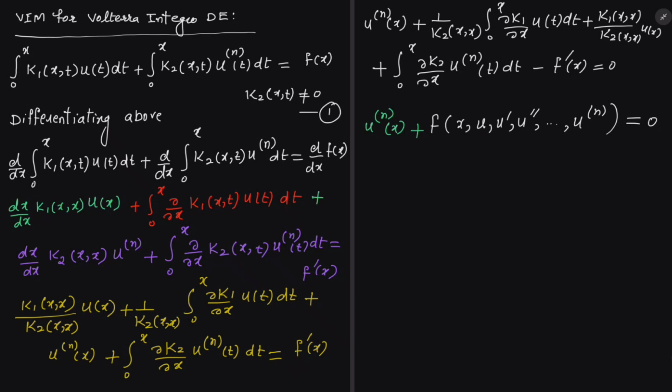The reason is, u is unknown, which is the solution, and u also appears inside the integrals, so we cannot solve these integrations until we have a solution. So this is an integro-differential equation.